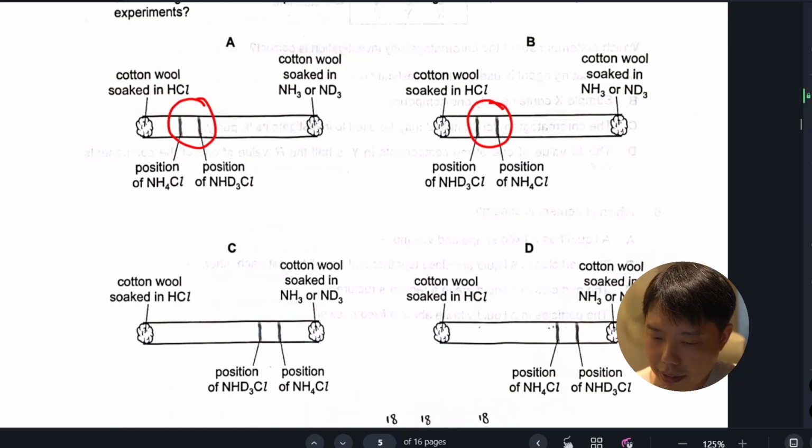Okay, so NH3, between A and B, NH3 should actually diffuse faster, so the position should lie a little bit further away, okay, as compared to deuterium. Okay, so option A should be correct. Our answer here is A rather than B.